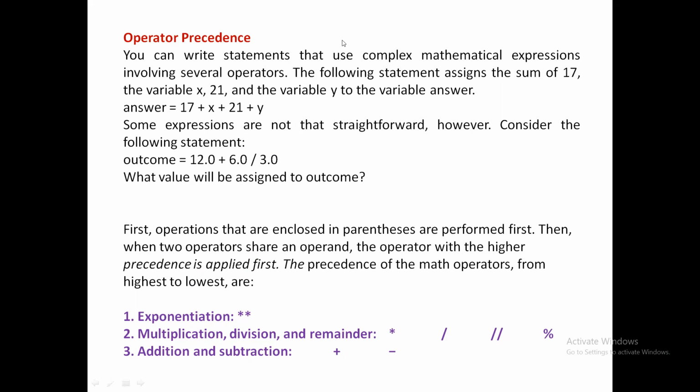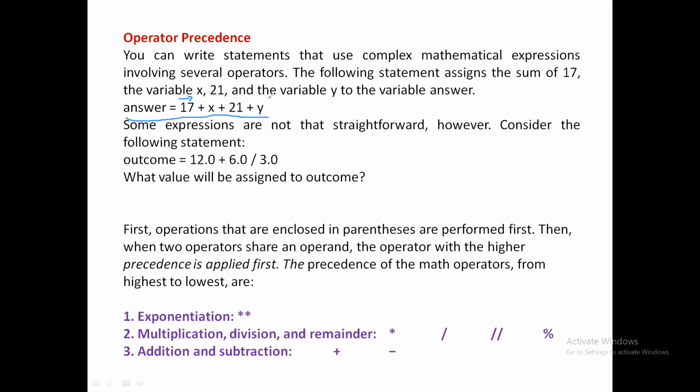Okay, that means, for example, if you consider this statement, answer is equal to 17 plus x plus 21 plus y. Okay, the order of evaluation of this particular expression will be, because it contains all plus operators, evaluated as a left to right expression.